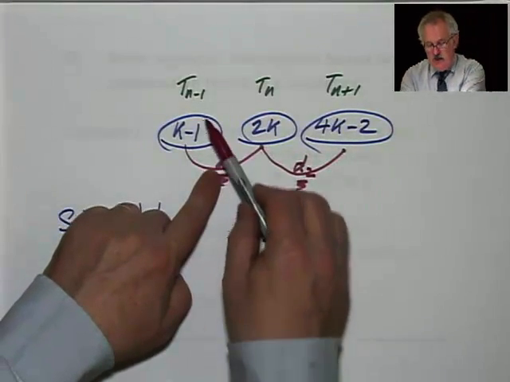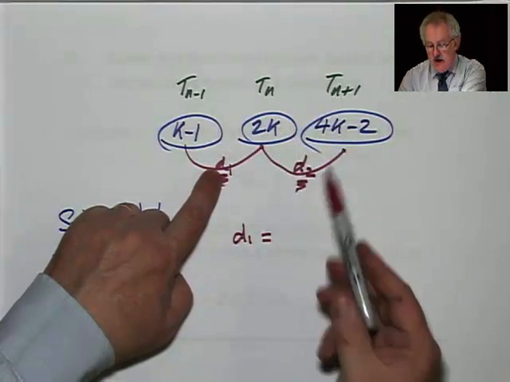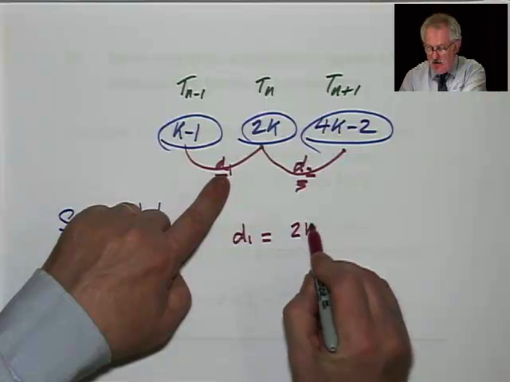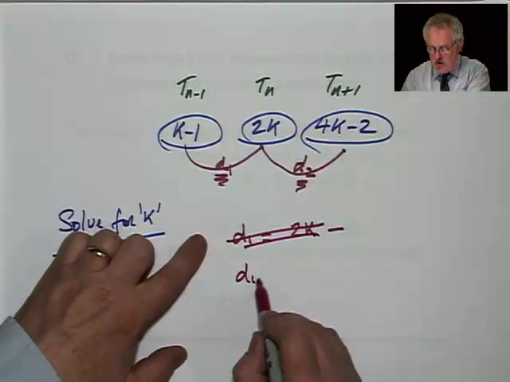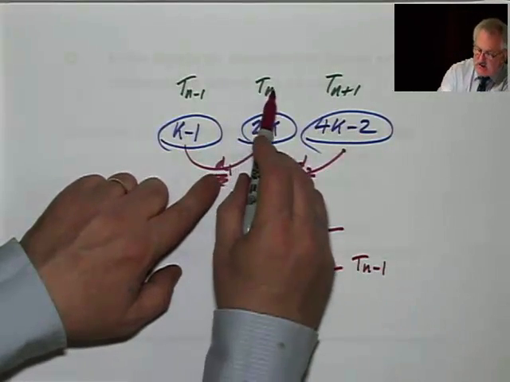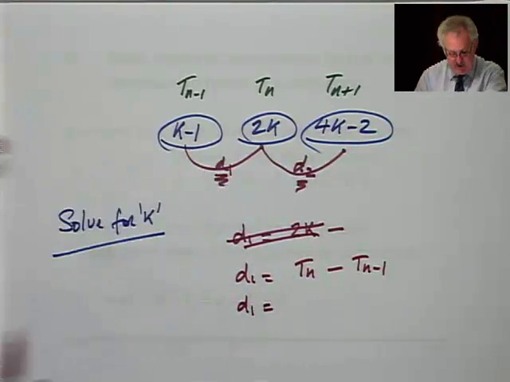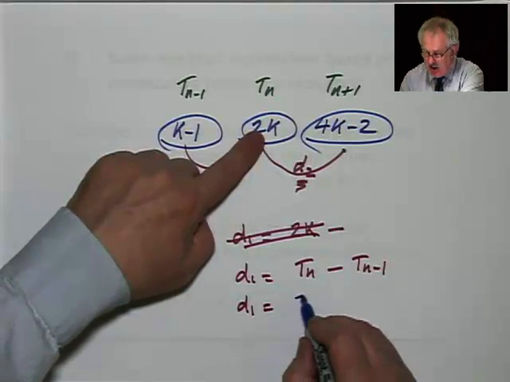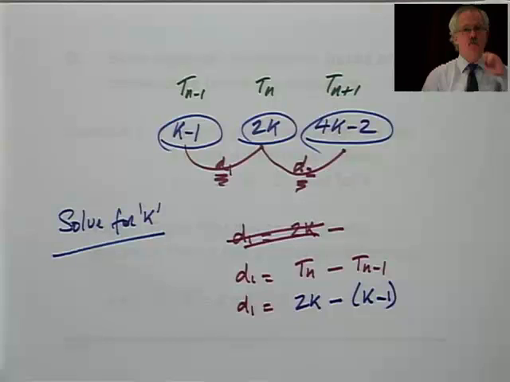Well, d1 plus this term gives us the next. But I could say d1 is equal to tn minus tn minus 1, basically that minus that. Or I could say d1 is equal to 2k minus (k minus 1). Is that okay?